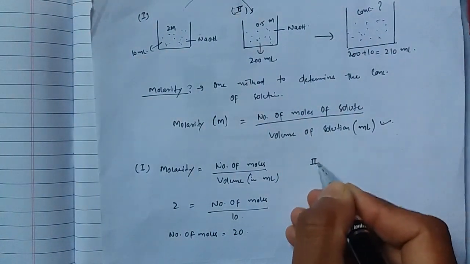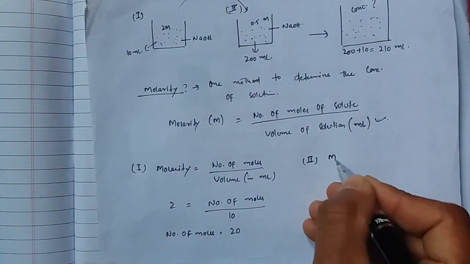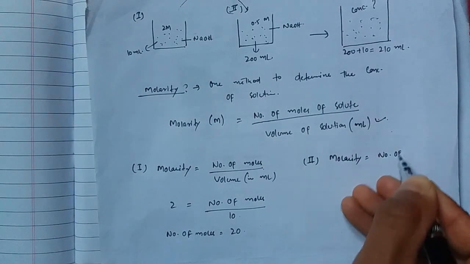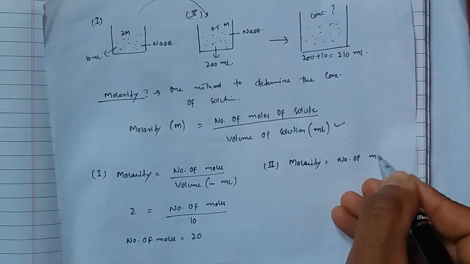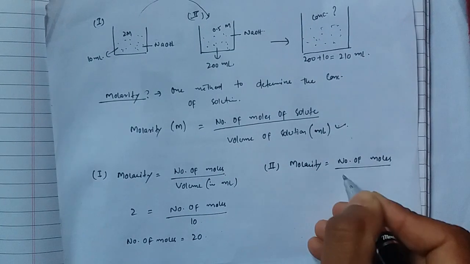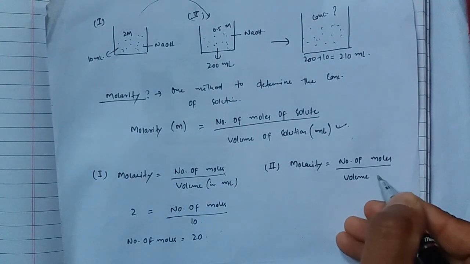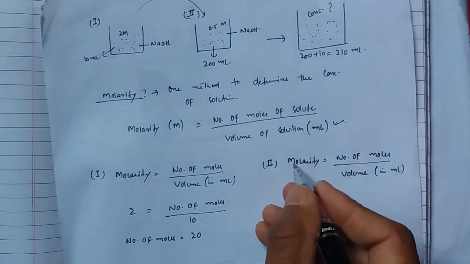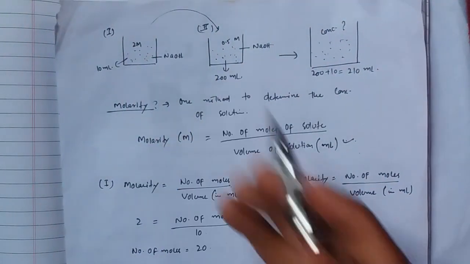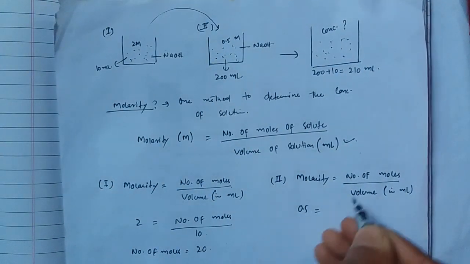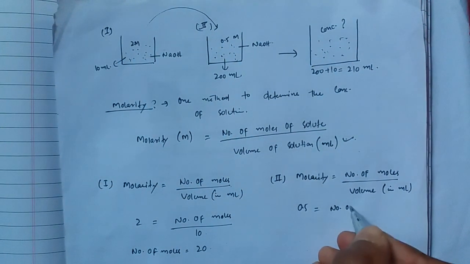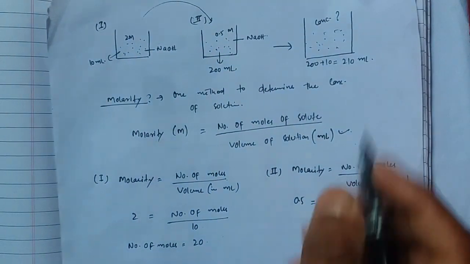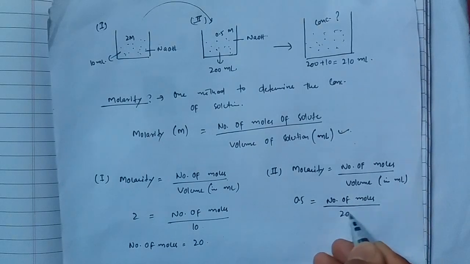Now we will see in the second solution, by applying the same formula, we know molarity is equal to number of moles of solute to the volume of solution. This will be equal to molarity, we know it is 0.5, number of moles we have to determine, divided by volume is 200 ml, 200.